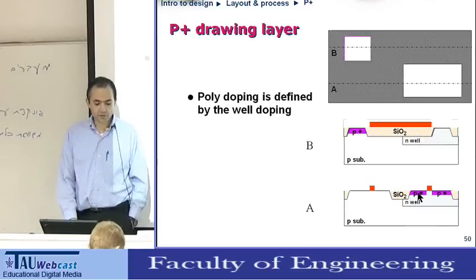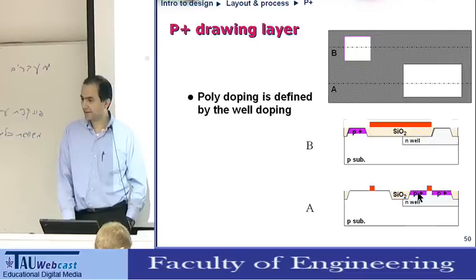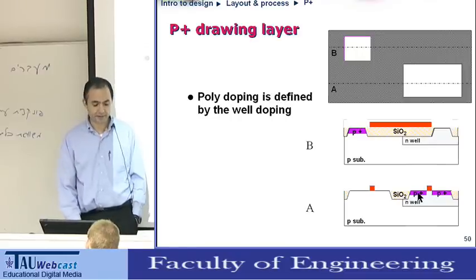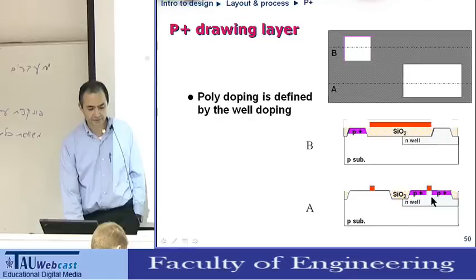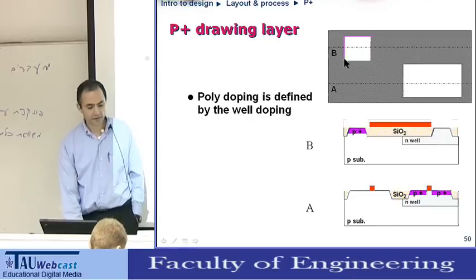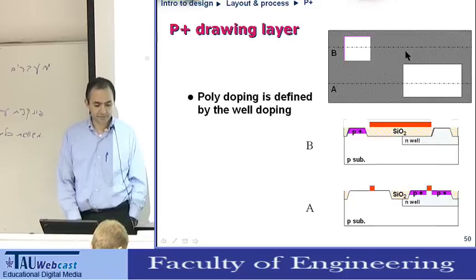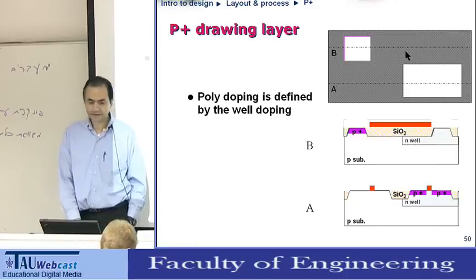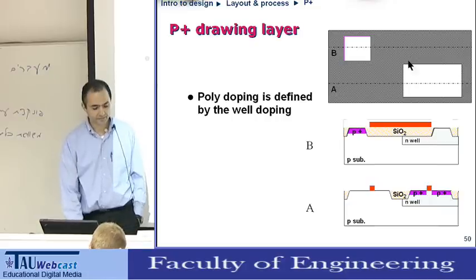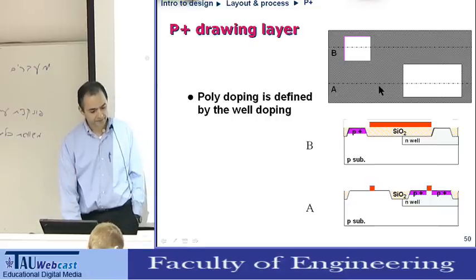Next, we want to make the P+ contact. So the P+ will be the source and the drain, and will also be the contact to the substrate. So we take a layer, we take a mask, we spin on a resist. Now we use, in this case, a positive resist.